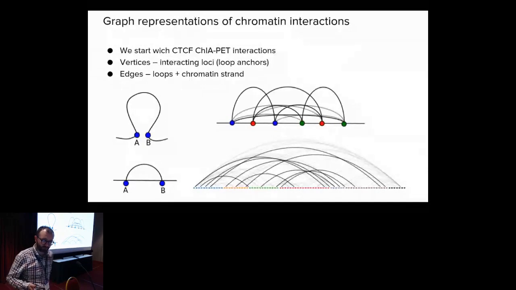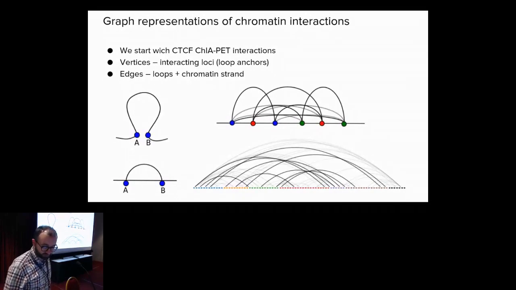So why is it useful to study the structure in this way? Well, can't we just build a 3D model using molecular dynamics? Since chromatin doesn't have a fixed structure, a given set of contacts can have a multitude of 3D representations. Some of them would be linked, and some of them would not be linked, and it is primarily the property of the initial seed structure of the molecular dynamics model that would determine the output.